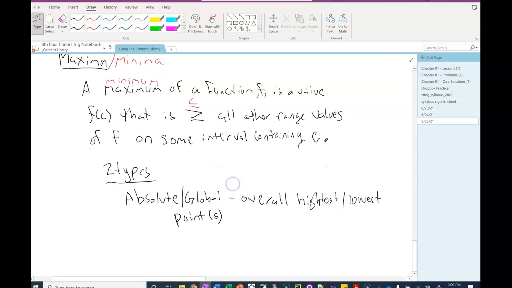And then you have local. So here you just are the highest or lowest point in some neighborhood.